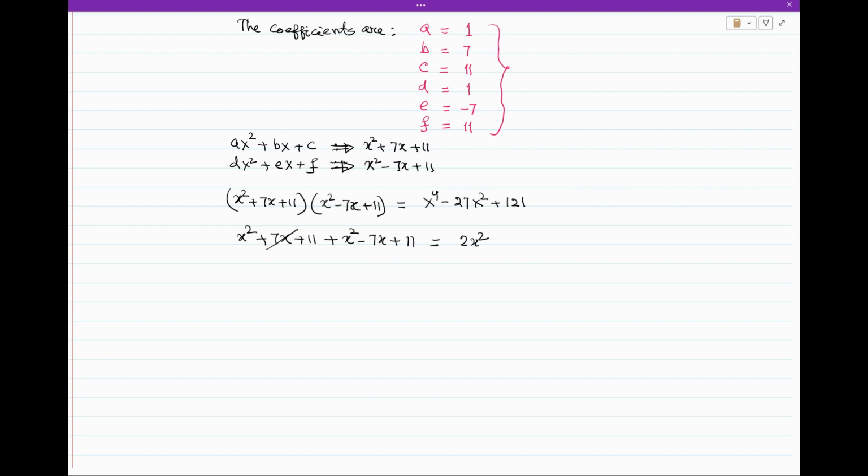The 7x and minus 7x will cancel, plus this will be 22. So the sum of the two quadratic expressions whose product gives us this expression is 2x square plus 22.